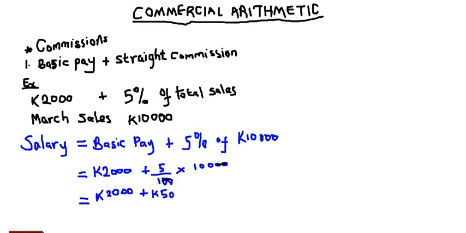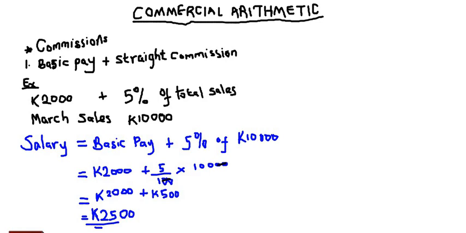So in short, the salary for March will be 2,500 kwacha. So this is just an idea of how the basic salary plus straight commission is calculated.